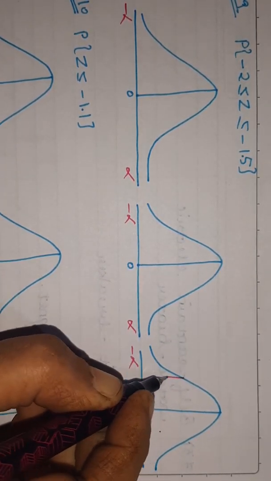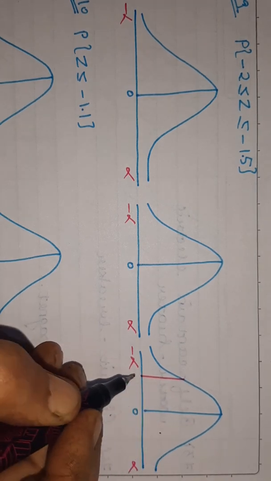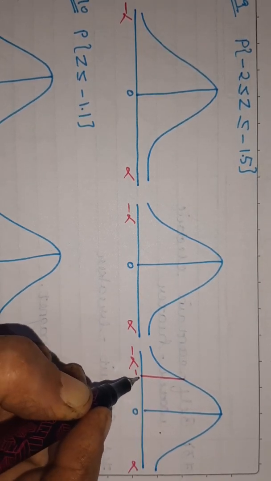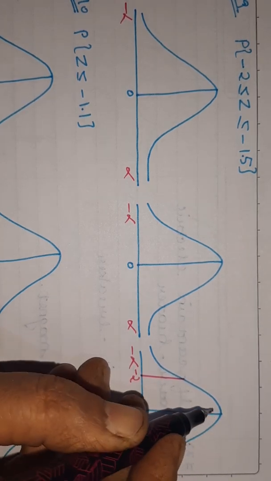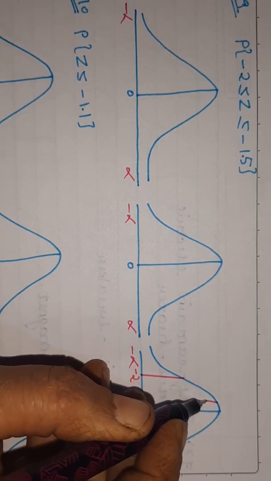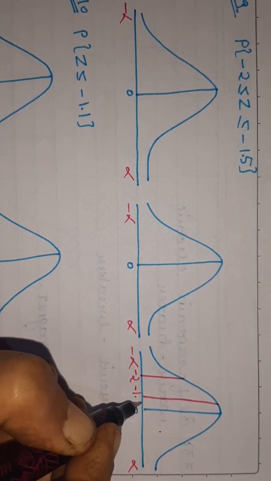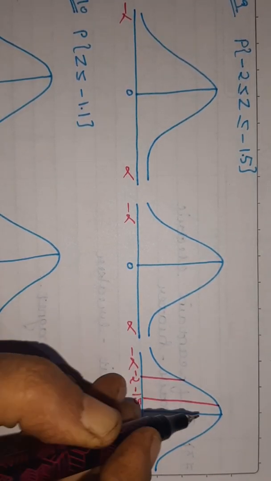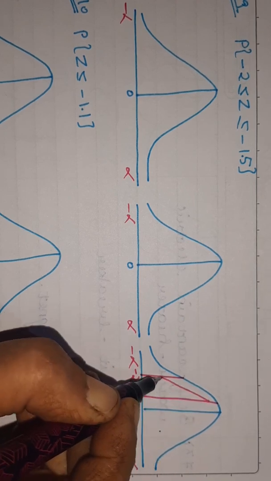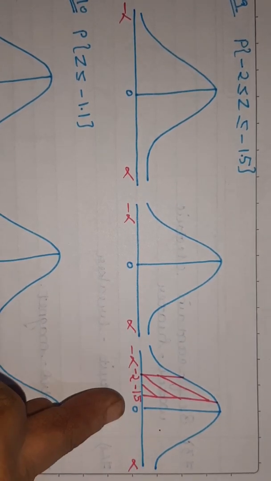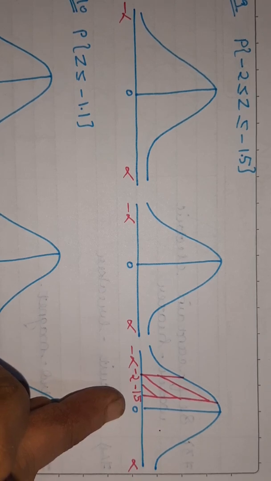So here, this is minus 2 and minus 1.5 will be here, and the area we want is from minus 2 to minus 1.5.